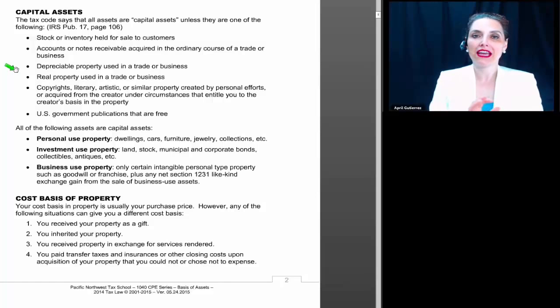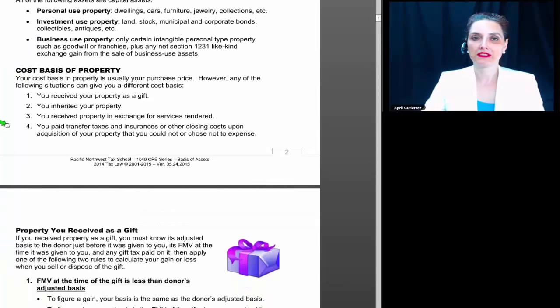But when we're looking at the simple term of capital asset, the reason we care when we're dealing with a capital asset and when we're not is that most of the time when we sell a capital asset, if that asset is held for personal or investment use, then the sale of that asset will get reported on Schedule D. And if the asset is a depreciable asset held for income production, then that sale typically gets reported on 4797 or as an inventory item. So let's look now at how we determine the cost basis of property.